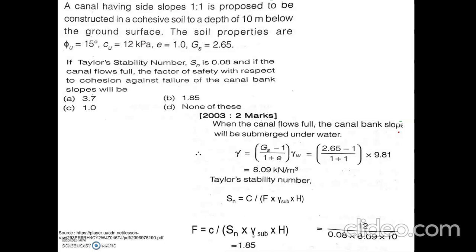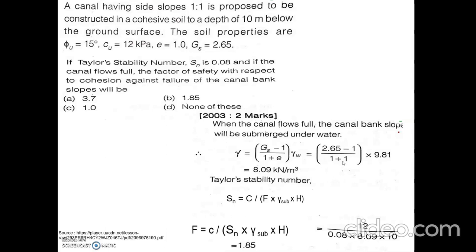So to find submerged unit weight, we have the formula gamma submerged equal to (G minus 1) divided by (1 plus e) into gamma w. And gamma submerged can also be found out by using the equation gamma saturated minus gamma w, wherein the equation for gamma saturated will be (G plus eS) into gamma w divided by 1 plus e.